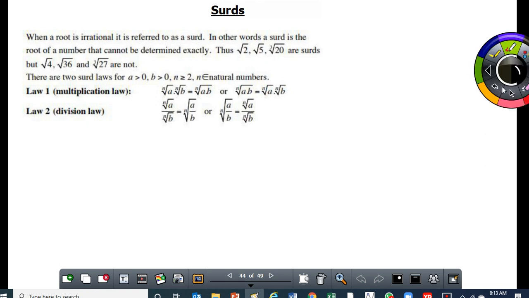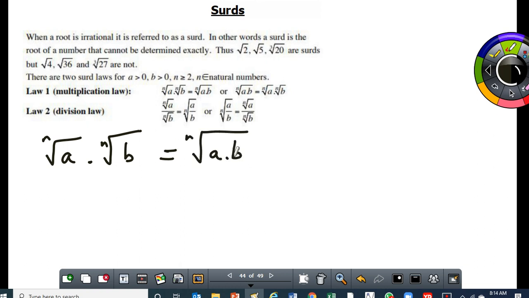So if you are given any surd, like say the nth root of A times the nth root of B, if you multiply those two surds, you end up getting the nth root of A times B. So when you say the nth root, it means that this n here is going to be the same.